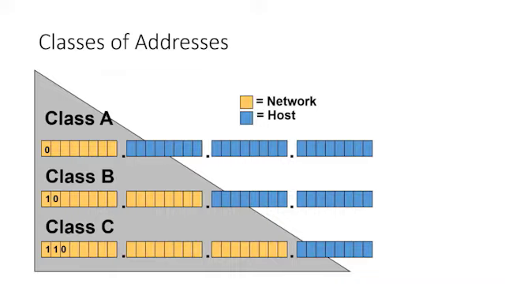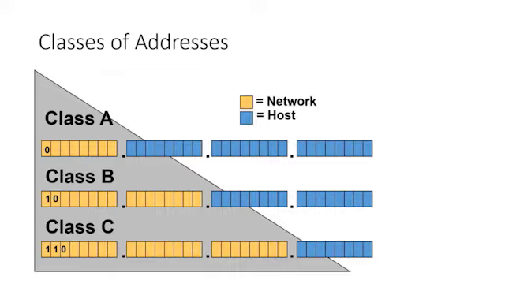The 24th power, that's right. That's how many networks we have, 16.7 million or something like that. But now those networks got a lot smaller. We only have 8 bits of hosts in there. So 2 to the 8th power is 256 total IP addresses we have in that Class C address.